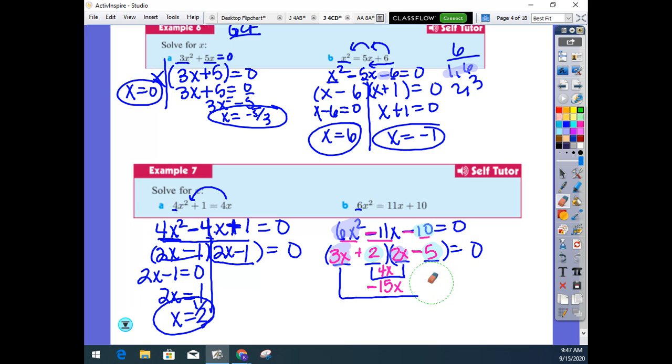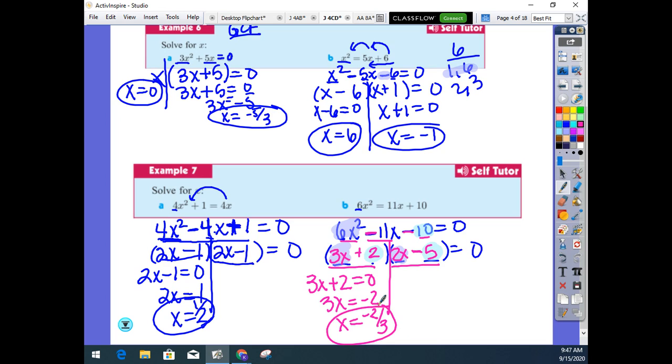All right, I'm just going to erase this now because we're going to split it apart. We have two different factors. 3x plus 2 equals 0. Subtract 2. Divide by 3. There's our first solution.